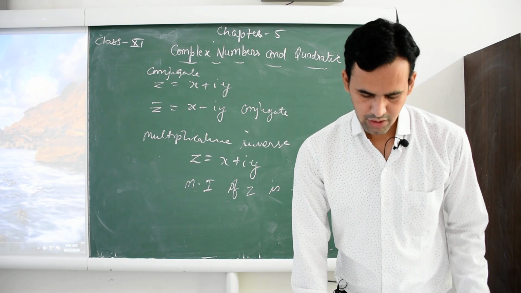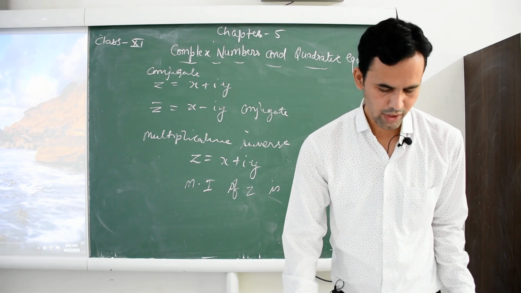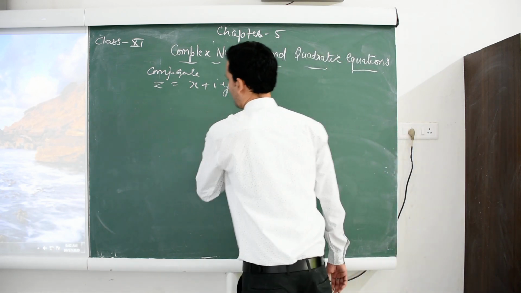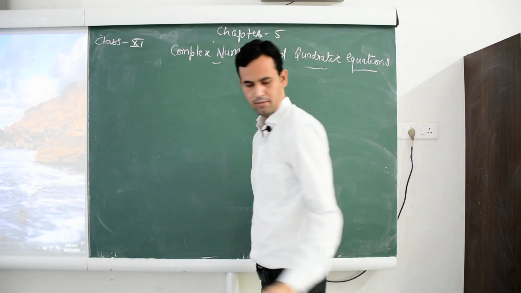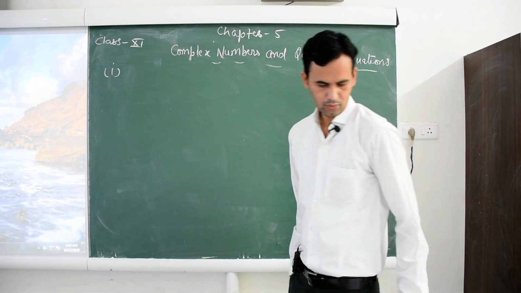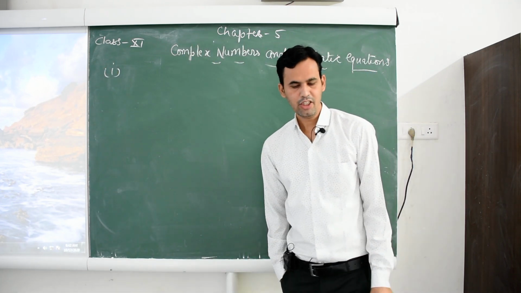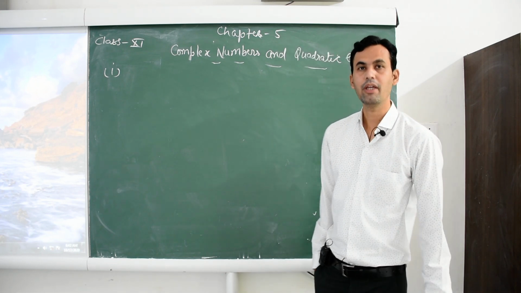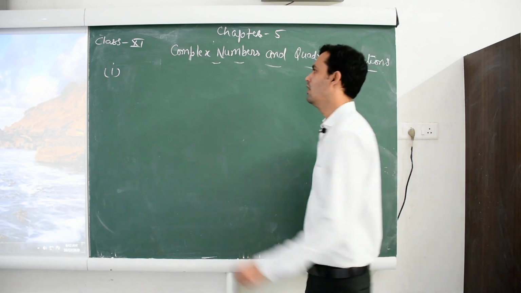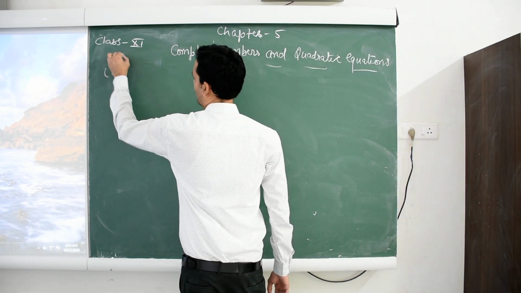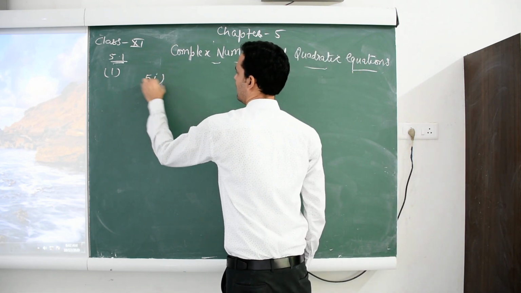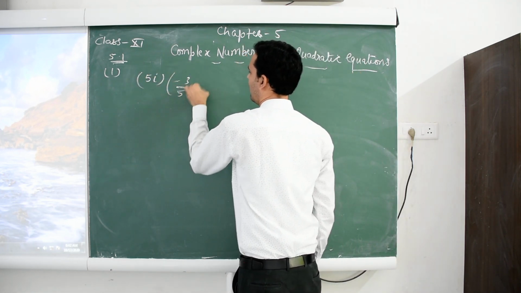Now we move towards exercise 5.1, question number 1. Express each of the complex numbers in the form a plus ib, or x plus iy. The first question is 5i into minus 3 by 5i.